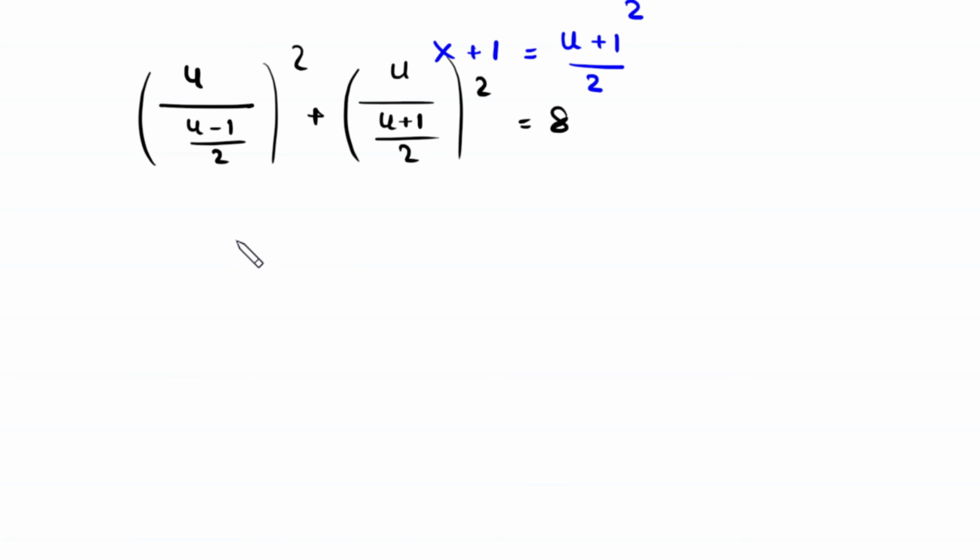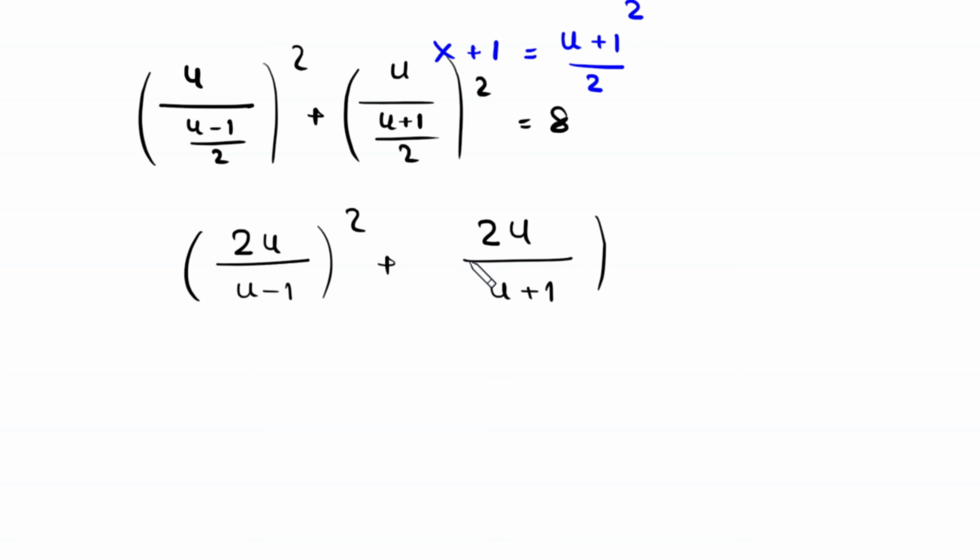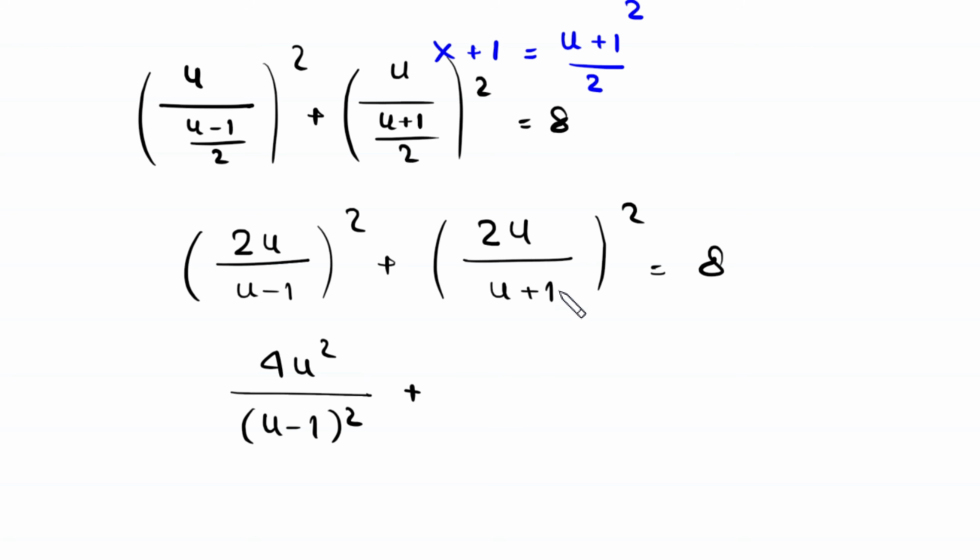Further simplifying, this becomes (2 times u divided by u minus 1) whole squared plus (2 times u divided by u plus 1) whole squared equal to 8, and this becomes 4u squared over (u minus 1) whole squared plus 4u squared over (u plus 1) whole squared equal to 8.